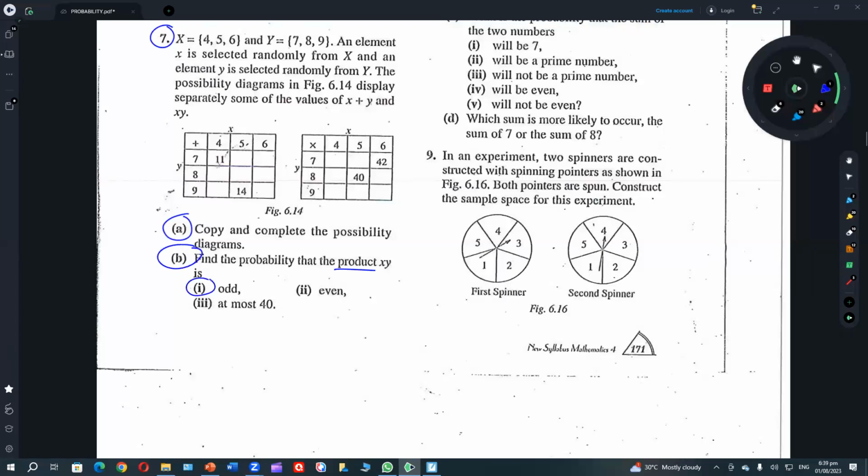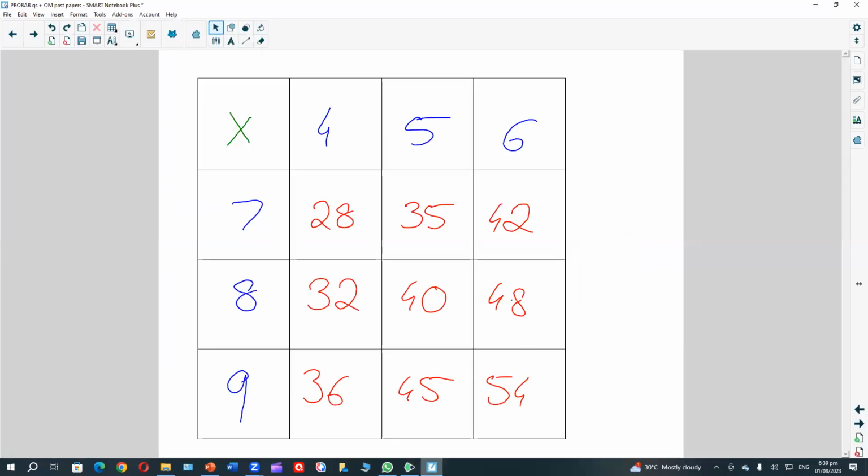Now read part B1. How many odd numbers are there? What are odd numbers? How many total outcomes are there? Total outcomes are 9. Very good.